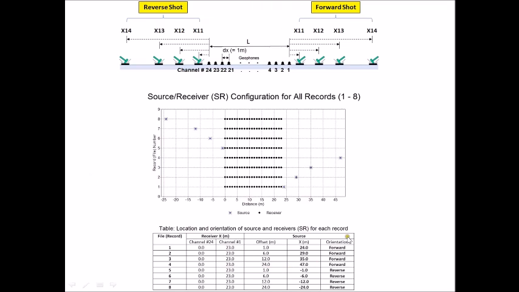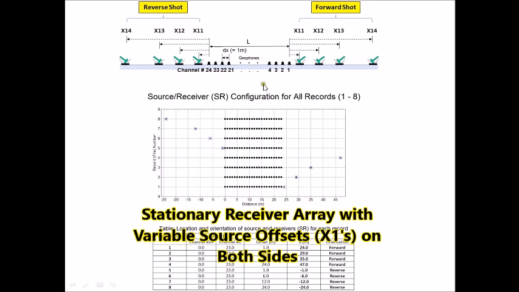And this shows the source receiver configuration used to model individual field records included in the sample data. First, the 24-channel receiver array stayed at the same place all the time, and this is the channel number 1 location and channel number 24 location here.